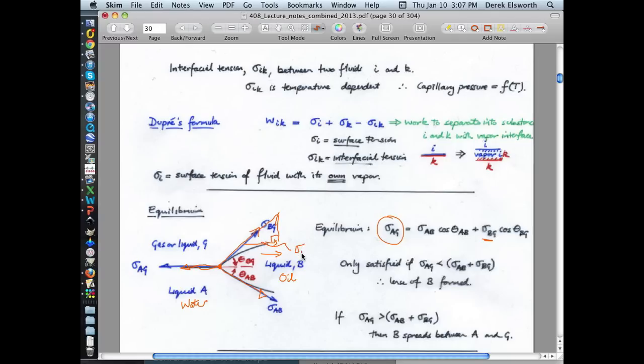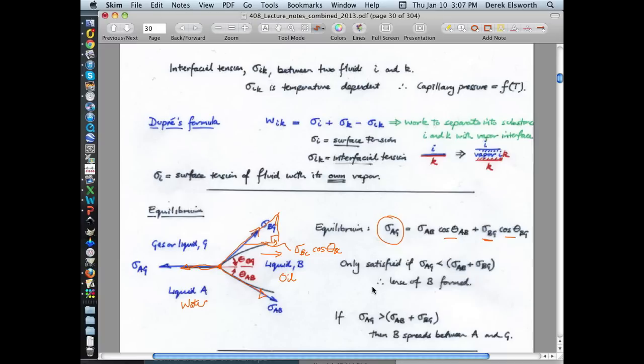So this is sigma bg cosine theta bg, nothing more than that. So you're just resolving. So that's this magnitude here. Likewise, you do it for this force here, which is due to the force between the oil and the water, and you have these four components.